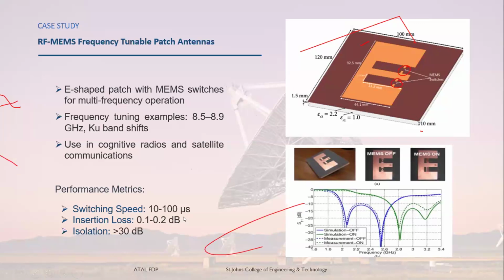Switching speed is 10 to 100 microseconds. On to off to on takes approximately 100 microseconds. When the switch is in on condition, how much loss will be there from input to output? Approximately 0.2 decibels. When it is in off condition, what is the isolation between the input and output? More than 30 dB. It's as important as insertion loss.